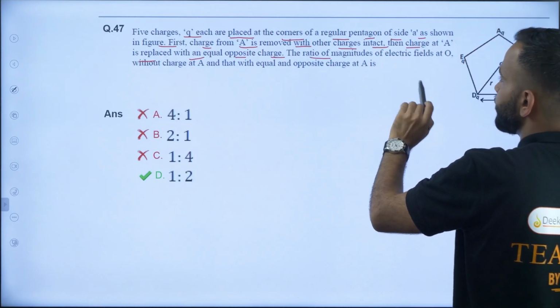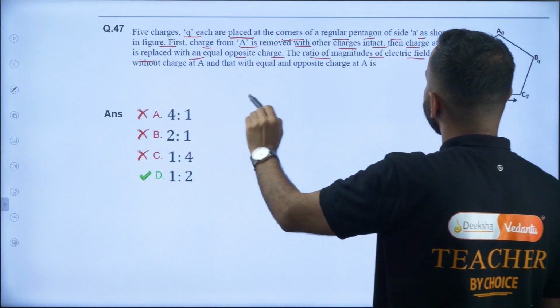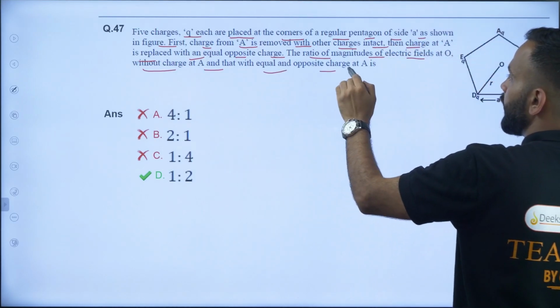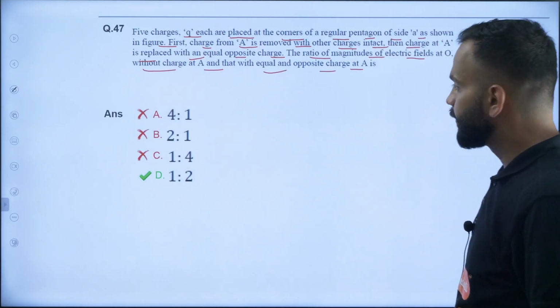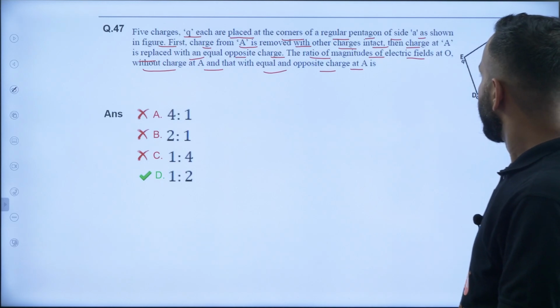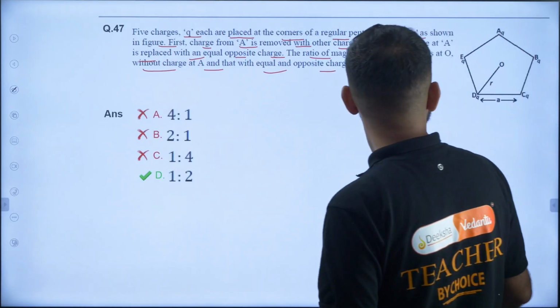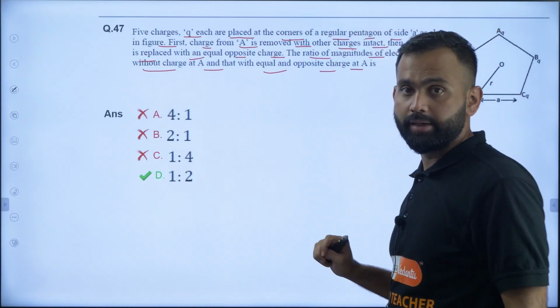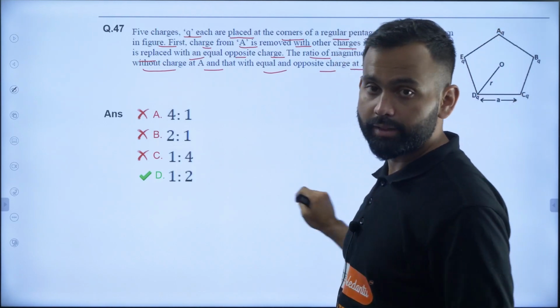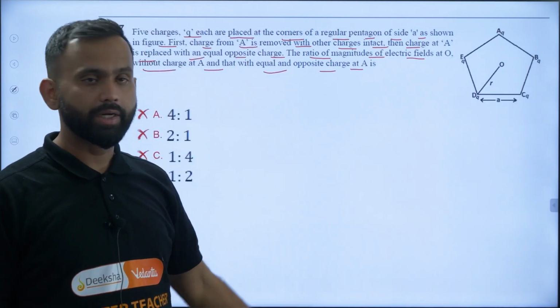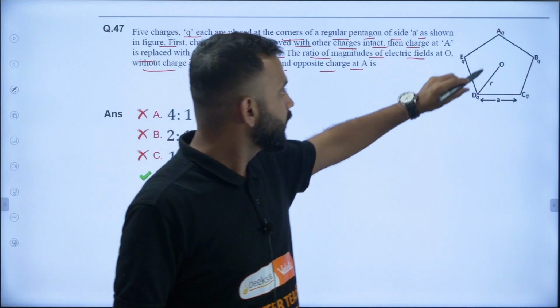The ratio of the magnitude of the electric fields at O without the charge at A and that with the equal and opposite charge at A is? Now, when all charges are present, what is the electric field at the center O? The electric field at O is 0, right? Why? Because of the symmetry, isn't it?